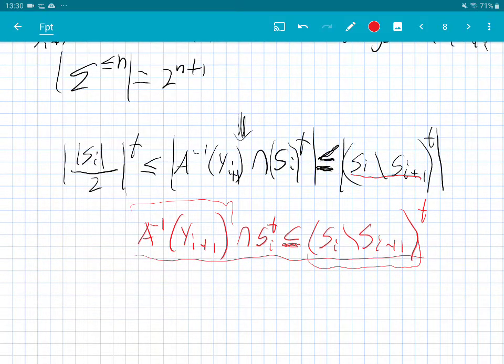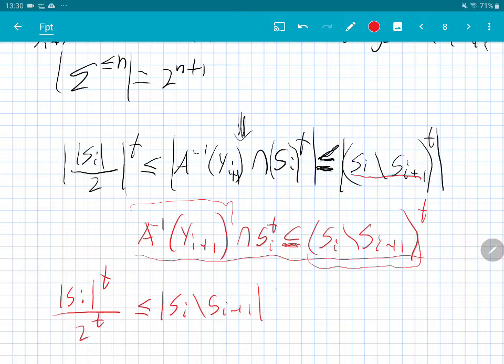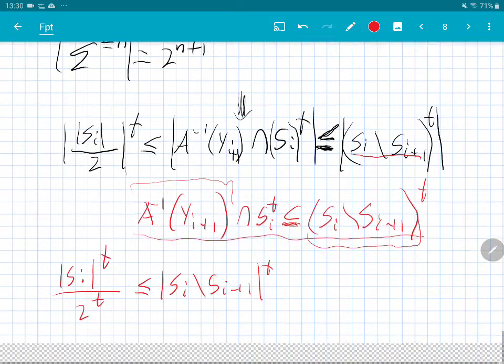says that S_i to the t divided by 2 to the t is smaller or equal than (S_i minus S_{i+1}) to the t divided by t, right? Okay, so let's rearrange.